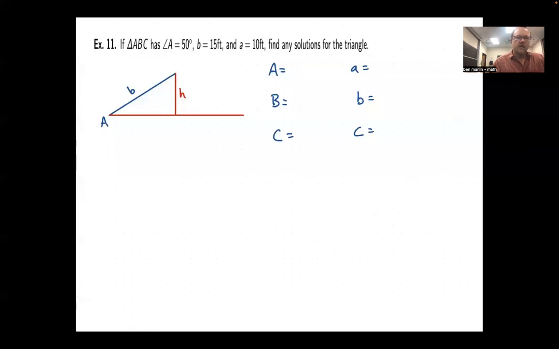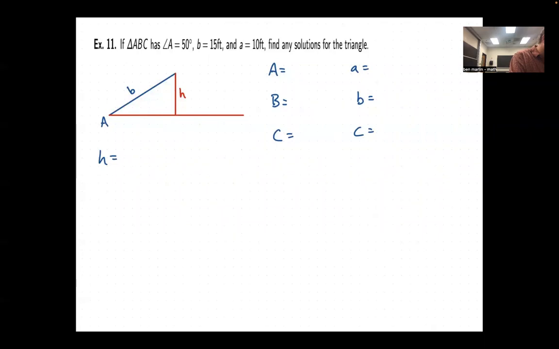All right, so this setup here should be one that has only one solution. And the way we check it is like before to get our H. The H is going to be this hypotenuse here times the sine of that angle.